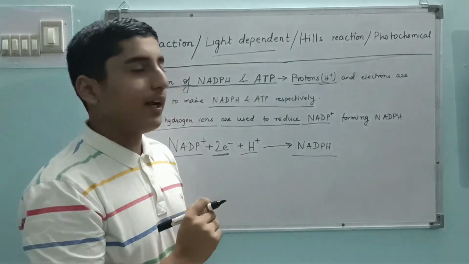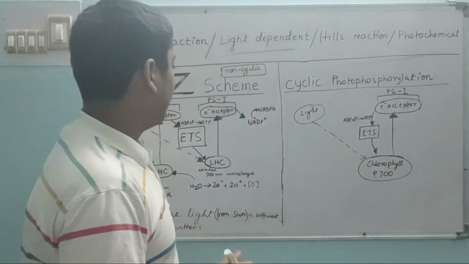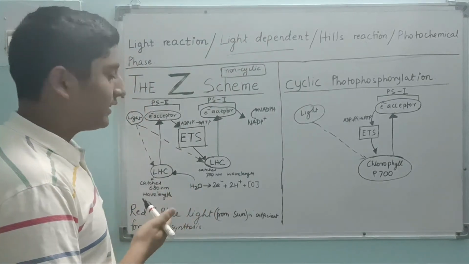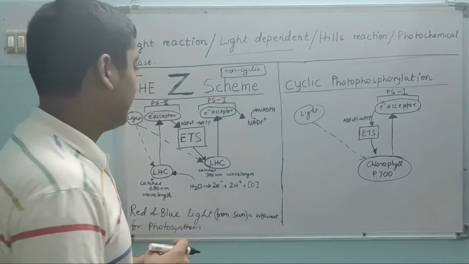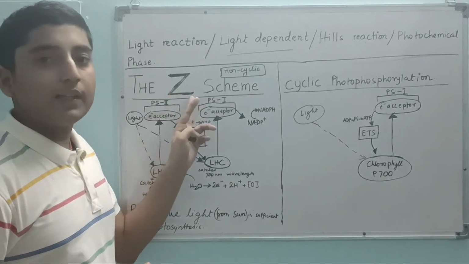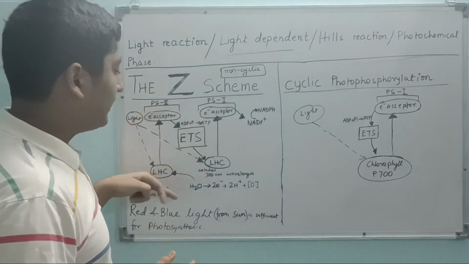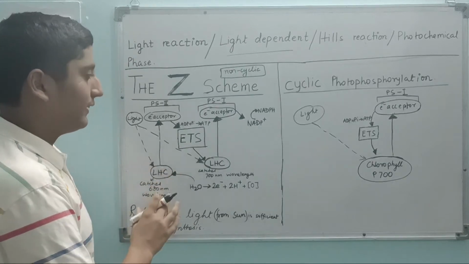To understand ATP formation, look at this flow chart, look at this diagram. This will clear all your concepts related to light reactions. This is the flow chart of the scheme named Z scheme. This is not another topic, this is the whole light reaction process.